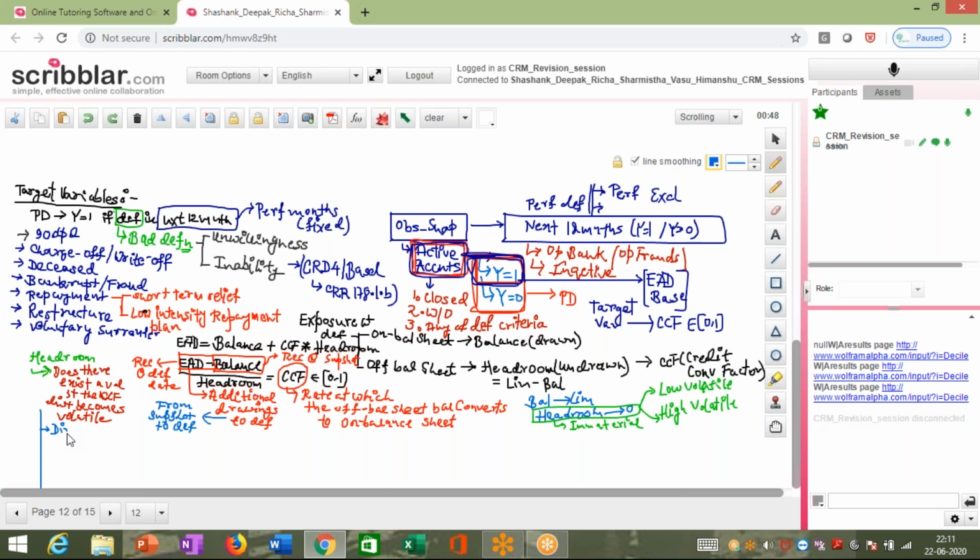From that perspective, decile is a more appropriate choice, right? Divide the headroom into deciles.